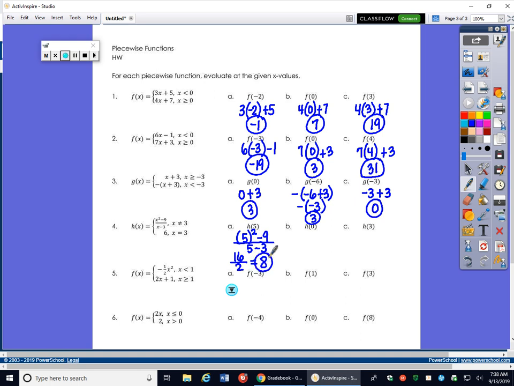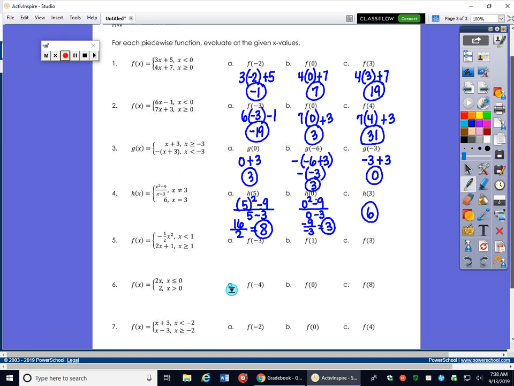H of 0 is not 3, so 0 squared minus 9 divided by 0 minus 3. So this is going to be negative 9 over negative 3, which is going to be equal to positive 3. And h of 3, this is actually when it's equal to 3, so the answer is just 6, because that's what it's supposed to be at 3.